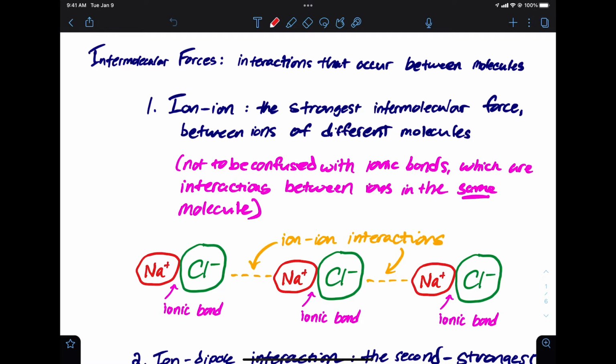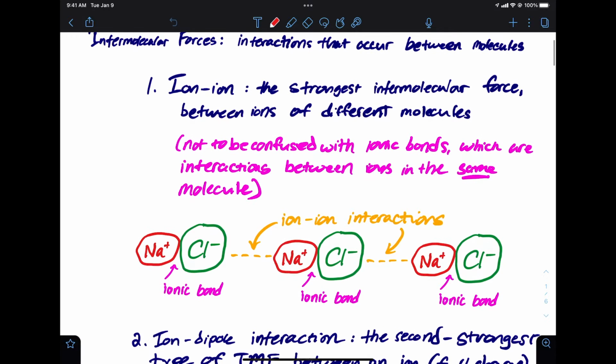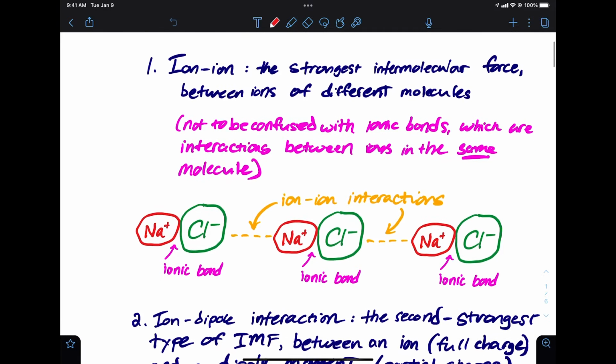So I've got a little drawing here. We've got sodium chloride, Na plus and Cl minus, and each sodium is ionically bonded to a chloride. So we've got an ionic bond between an Na plus and a Cl minus, another ionic bond between another Na plus and Cl minus, and a third ionic bond between a third Na plus and a third Cl minus.